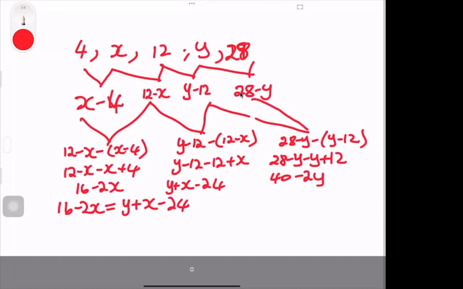Then we've got x minus 24 equals to 40 minus 2y minus y. x minus 24 equals to 40 minus 3y, and y is 40 minus 3x. x minus 24.